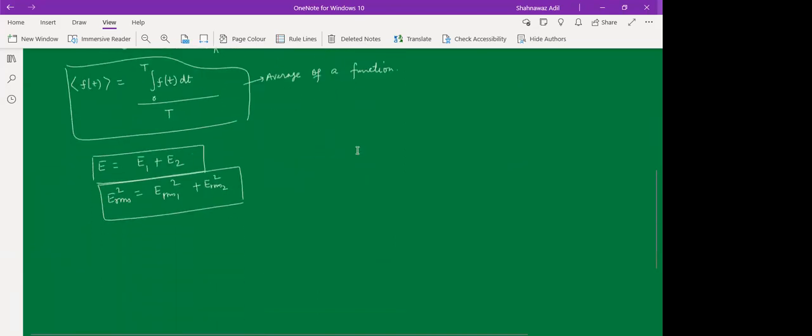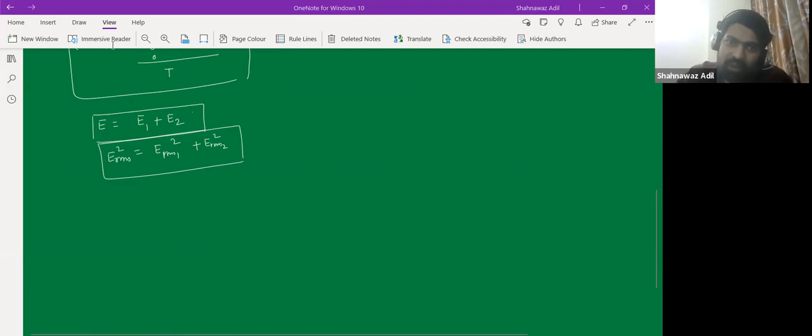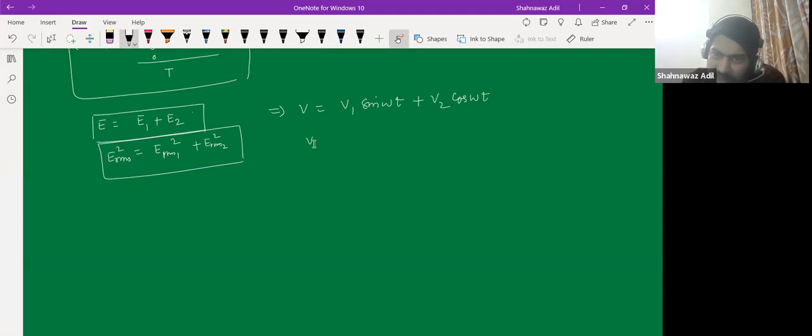We also talked about that if we have voltages, let's say one voltage is V1 sin omega t and the other is V2 cos omega t, then your RMS value would be the square root of V1 RMS square plus V2 RMS square.